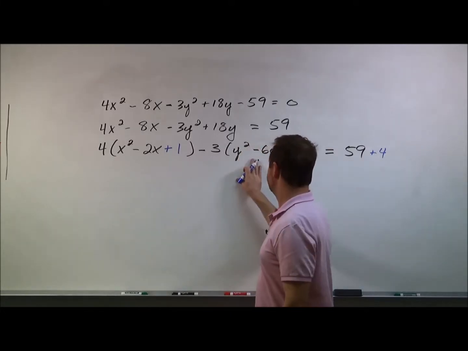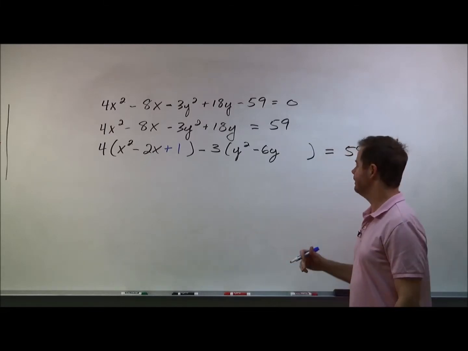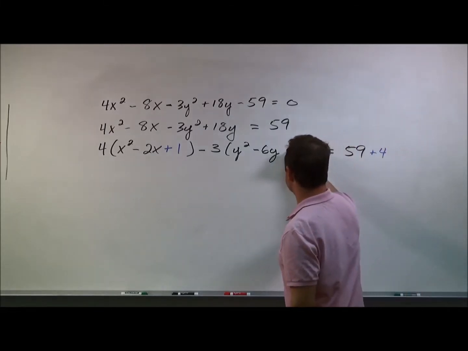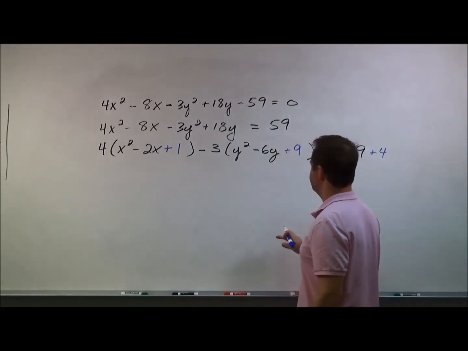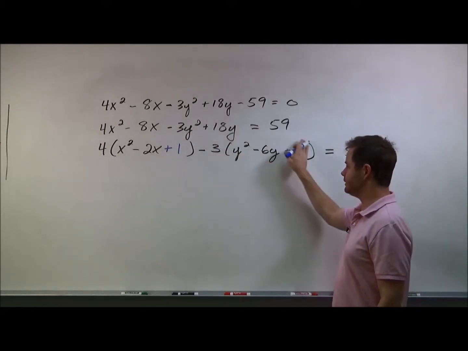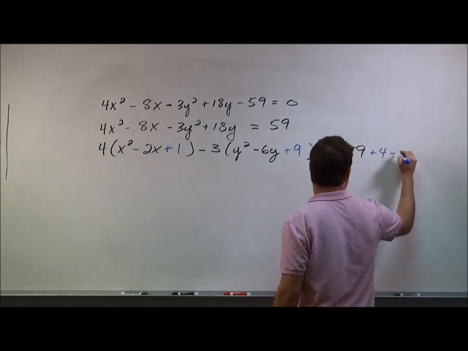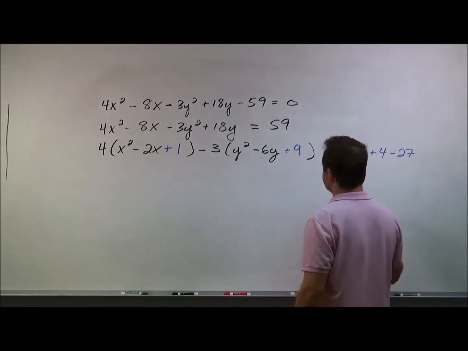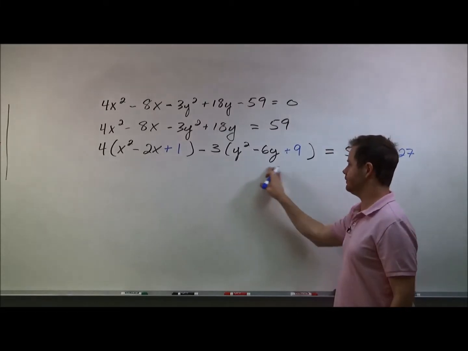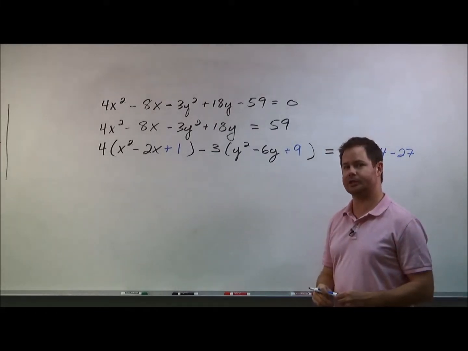And then for this one, negative 6 divided by 2 is negative 3, squared is going to be a plus 9. So I'm adding plus 9 inside this parentheses, but it's being multiplied times a negative 3. So on the right side of my equation, I'm really subtracting 27, because this is equivalent to saying that I'm subtracting 27 here on this left side of the equation as well.